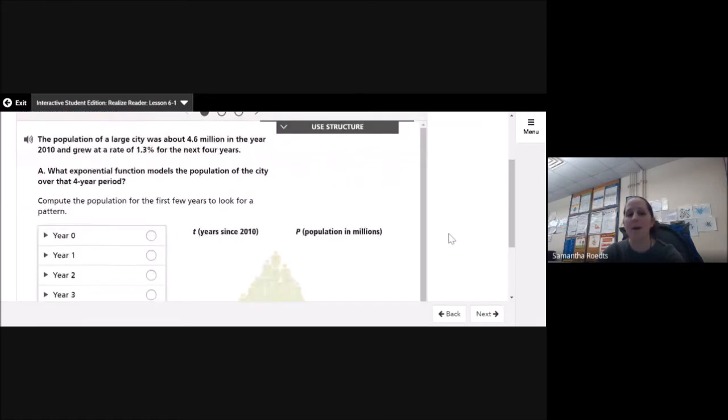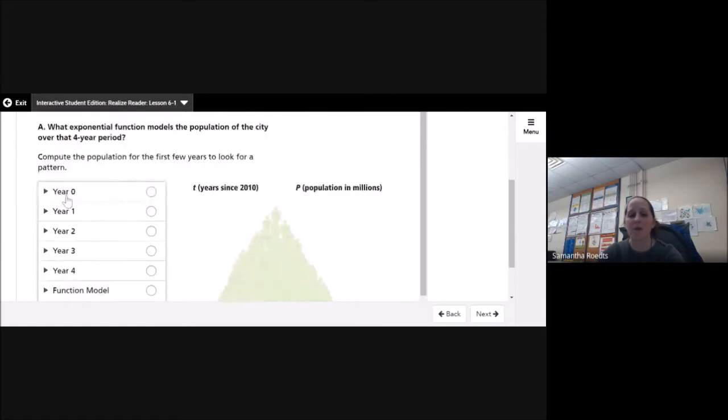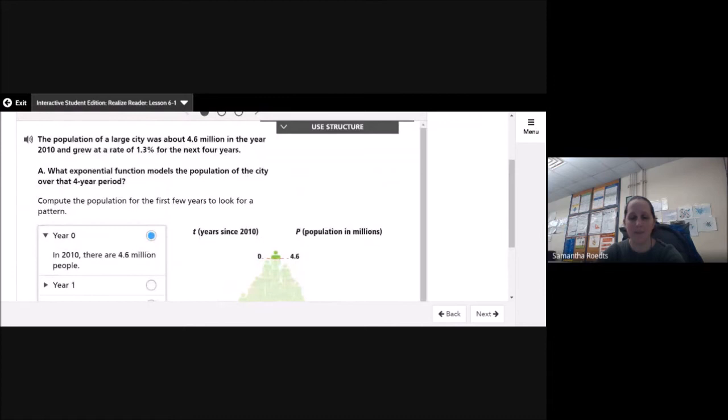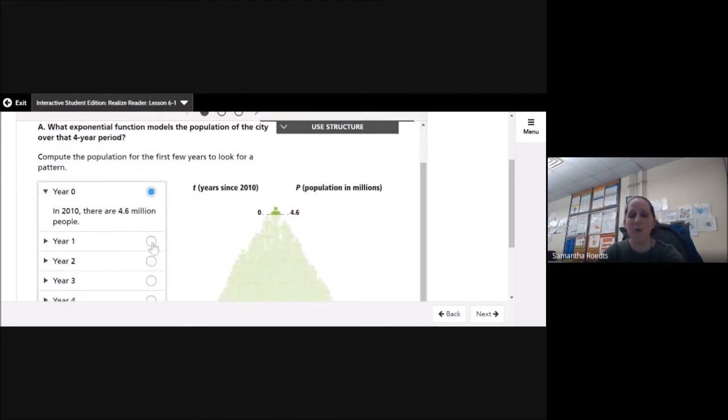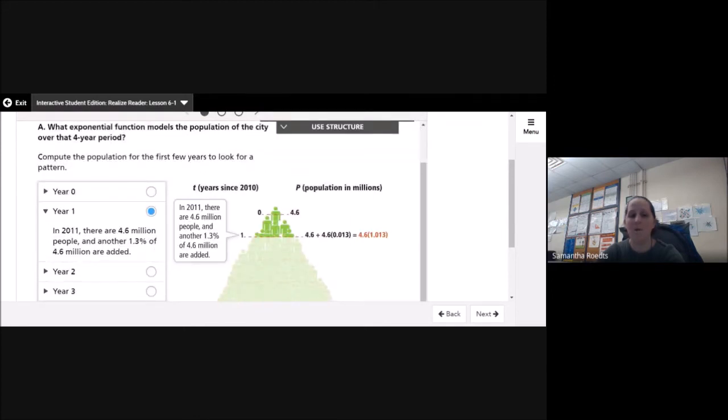Okay. So I compute the population for the first few years to look for a pattern. So in year 0, I have 4.6, right? Okay. Year 1, which would have been 2011, are 4.6 million people, and then another 1.3% of the 4.6 million are added.